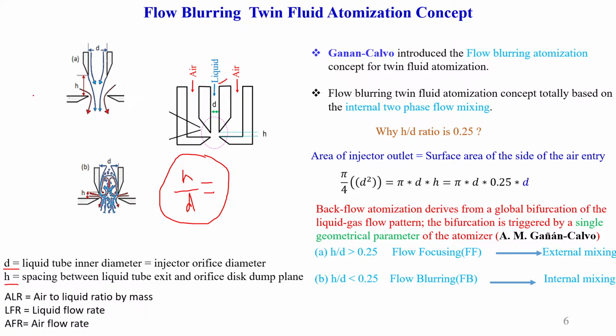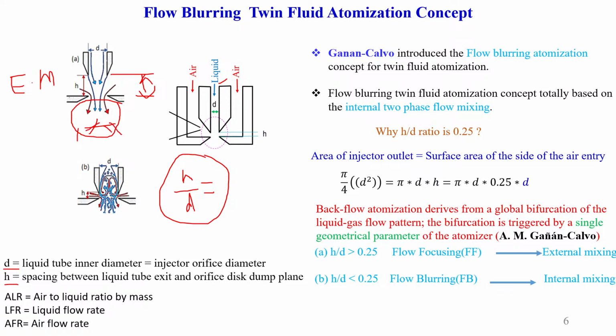If the H by D ratio is very high, here we can see, the H by D ratio is greater, and here the H by D ratio is very less. If the H by D ratio is greater, we will see entirely external mixing atomization. Here liquid and air come outside of the injector and mix there, creating a spray.